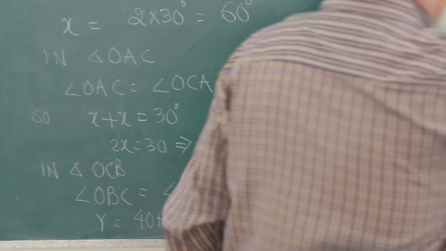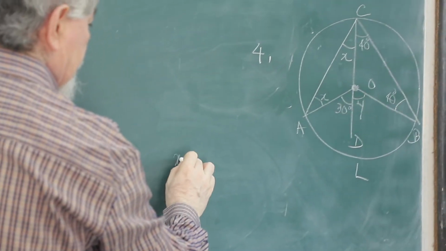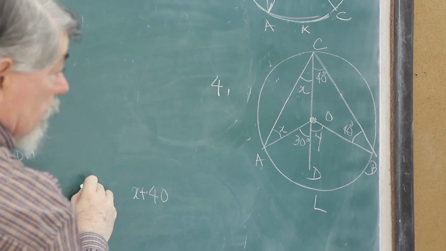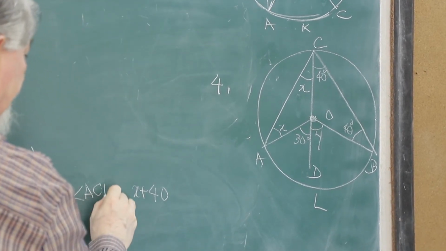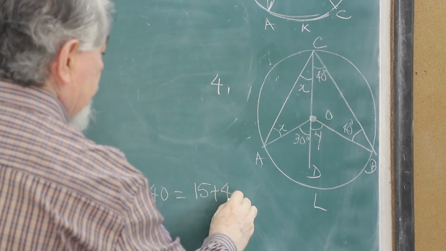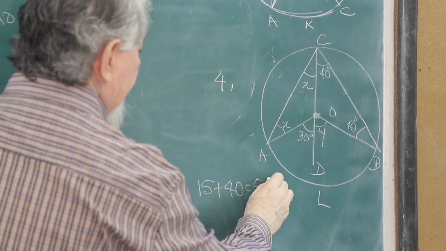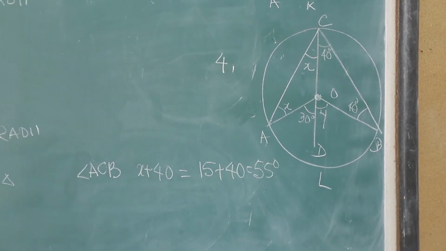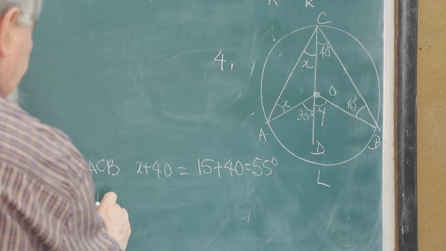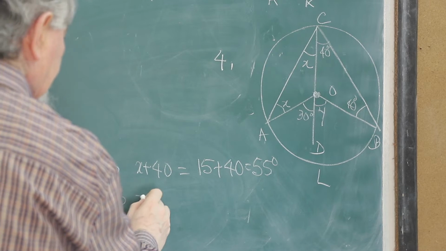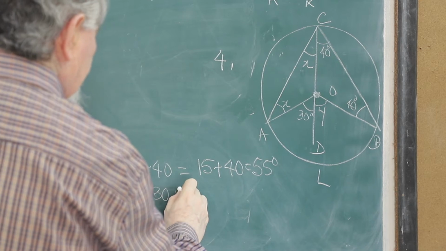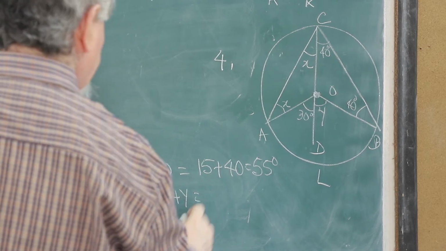Let us see. X plus 40 is how much? Your angle ACB is X plus 40, that is 15 plus 40, that will be 55. This is 55 degrees. And let us calculate what is angle AOB. It is given 30, that is Y plus 30 or 30 plus Y, and I have calculated Y to be 80.